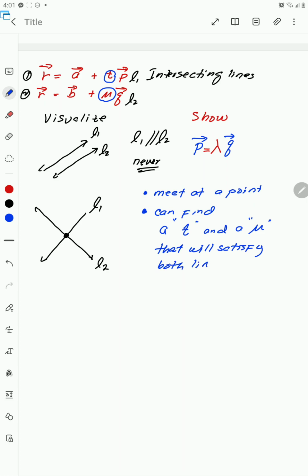So if there is a t and a mu that will satisfy both lines, then the lines intersect. Otherwise, the lines are skew. Right? Skew meaning they will never intersect. So skew means they will not intersect and they are not parallel. Just for you to visualize it.